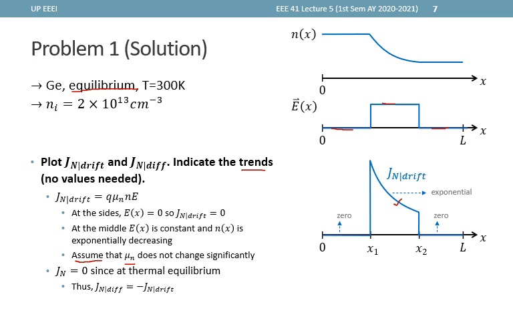And therefore, since Jn is equal to Jn diff plus Jn drift, and that is equal to 0, we can conclude that Jn diff is simply the negative of Jn drift. And since we already have a plot for Jn drift, we can simply flip the plot and say that the resulting plot is the one for Jn diff.